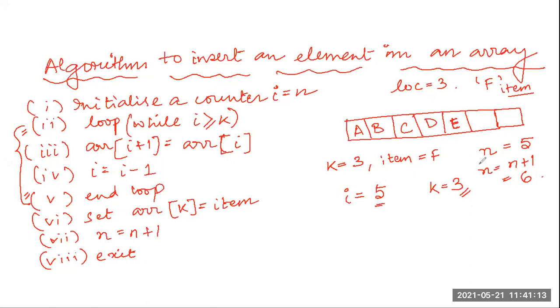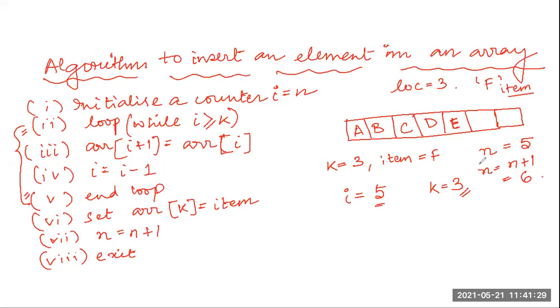So that is the checking: is my location 3 within the number of elements I am handling? Yes, location 3 is in between the number of elements. Then fine, I will try to insert.